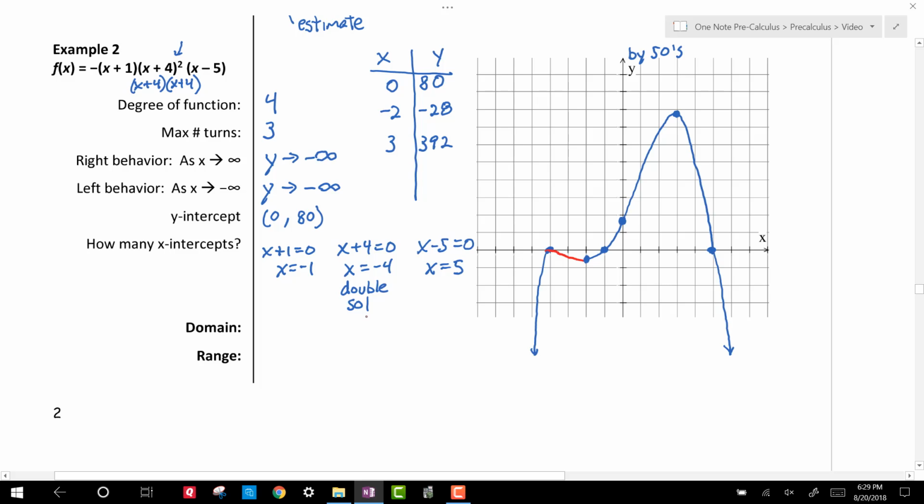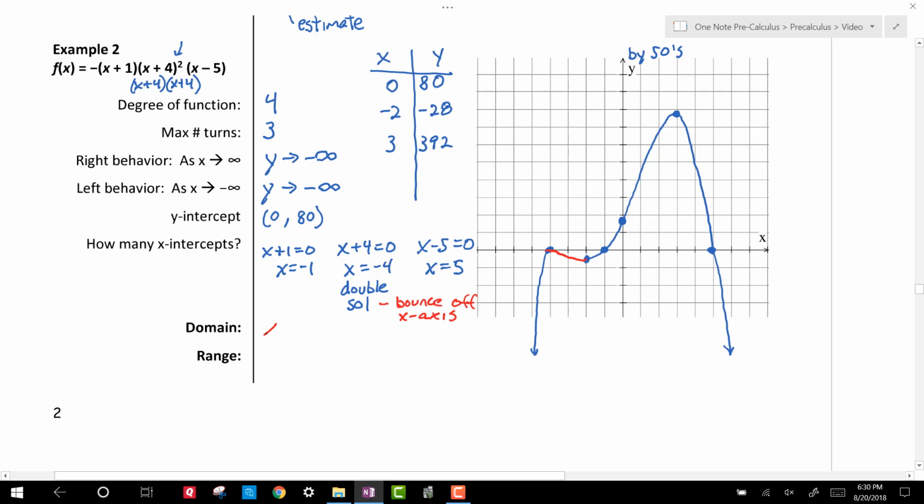And that's what a double solution does. A double solution will actually give you a bounce off of the x-axis. And that's true of a multiplicity. So that's a multiplicity of 2, or a multiplicity of 4, a multiplicity of 6. They will all do some sort of bouncing like you see right there.